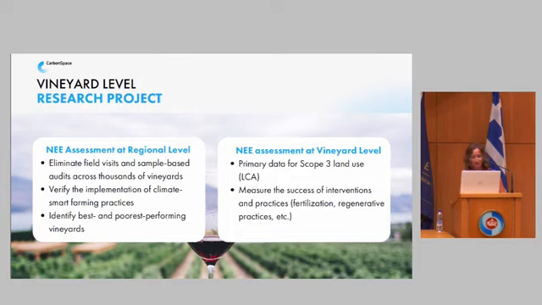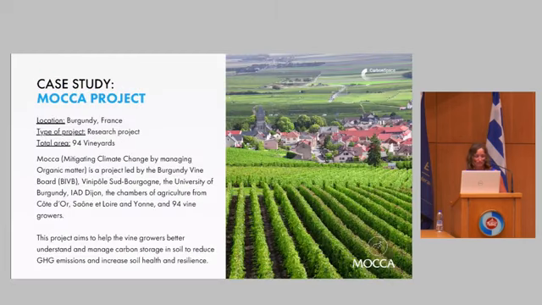So to mention one of these projects, we started a 5-year project with the Burgundy Wine Board, Bureau Interprofessionnel des Vins de Bourgogne in France, in the framework of the MOCA project. MOCA stands for mitigating climate change by managing organic matter.